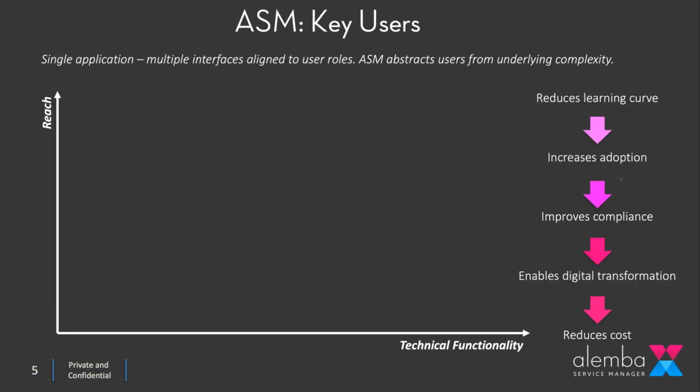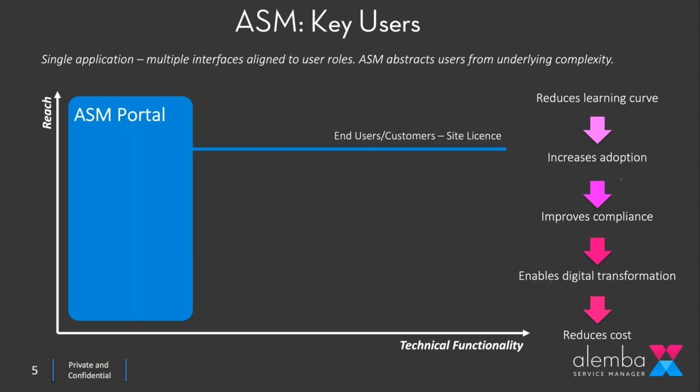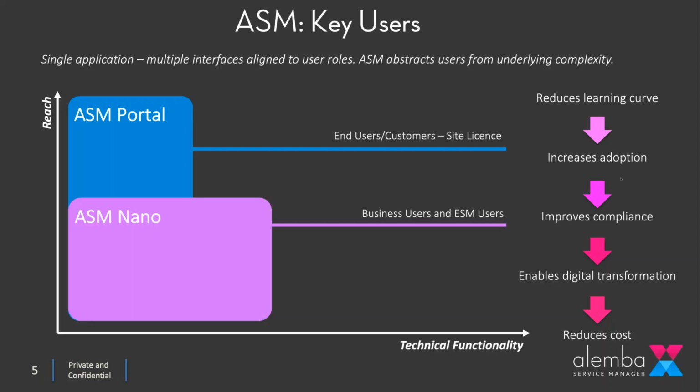So just to introduce James on the product, and James will show you all of that in action, I just want to introduce the interfaces that James will be showing you today. First of all, there's the customer portal, which we provide everybody in an organization with the site license for, and that allows you to log and track all your calls and requests, access the knowledge base, etc. Then we have our intermediate interface, which is particularly useful for ESM users, where we abstract some of the administration complexity from the applications so that it provides a really simple interface for them.